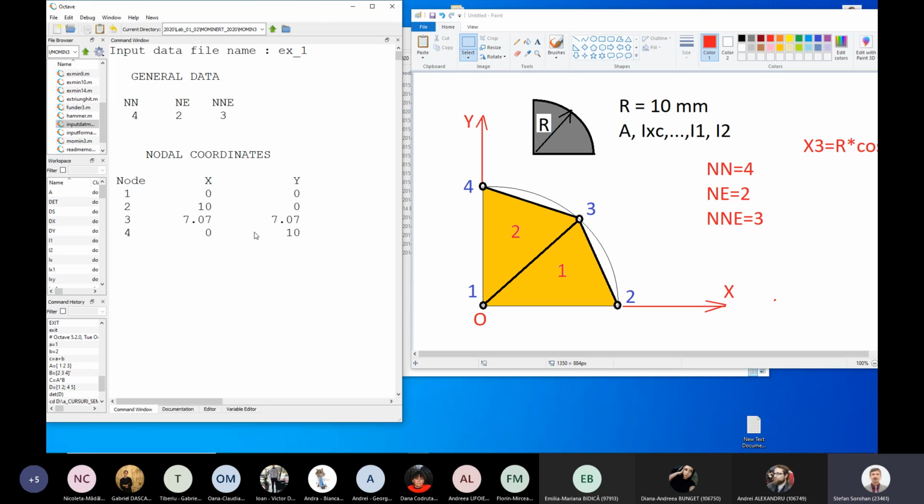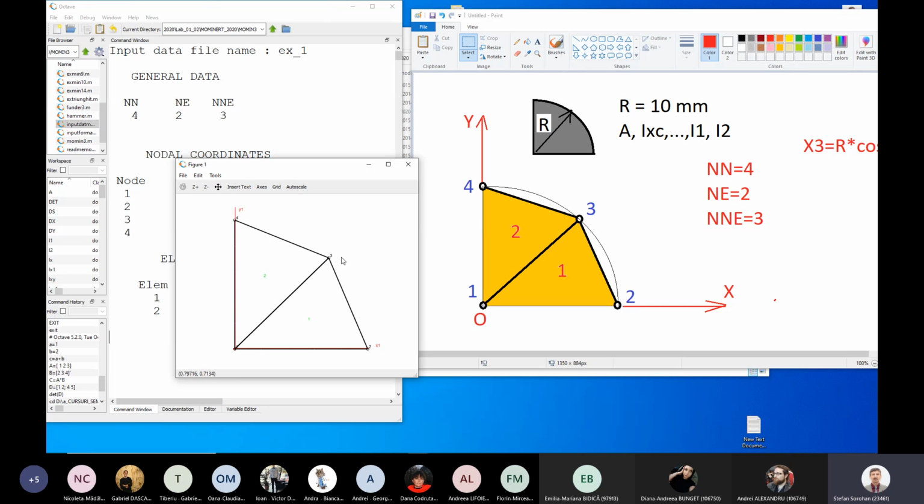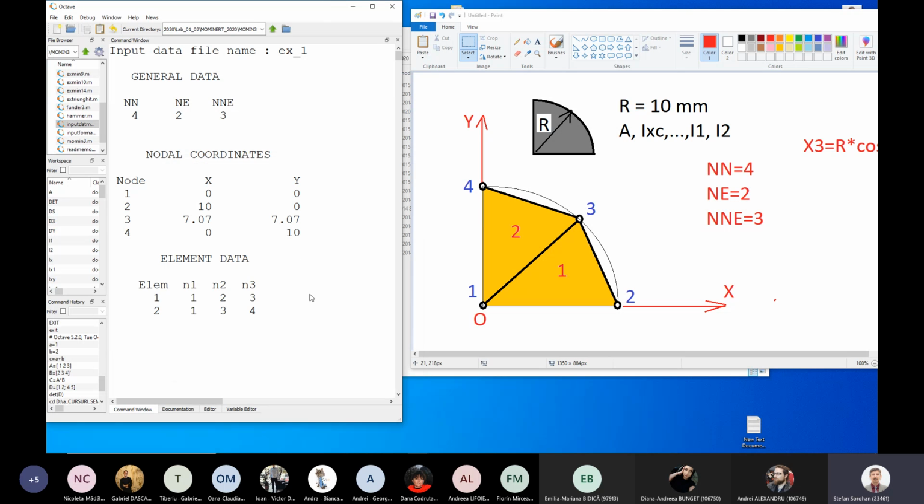The element data may be okay, I will check the picture. Okay, the picture is okay. You can see nodes 1, 2, X and Y axes. 1 means this is initial. And element number 1, element number 2. Unfortunately, it's not very clear, but let's keep it.